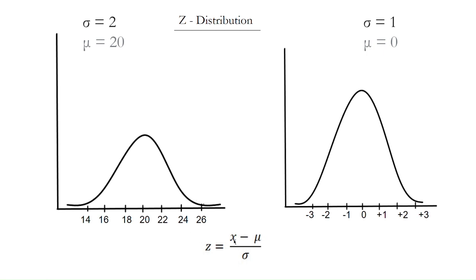So x is the number we chose, which is 22, minus the mean, which is 20, divided by the standard deviation, which is 2. Doing all that, 22 minus 20 divided by 2, we know that the z value of 22 is 1.